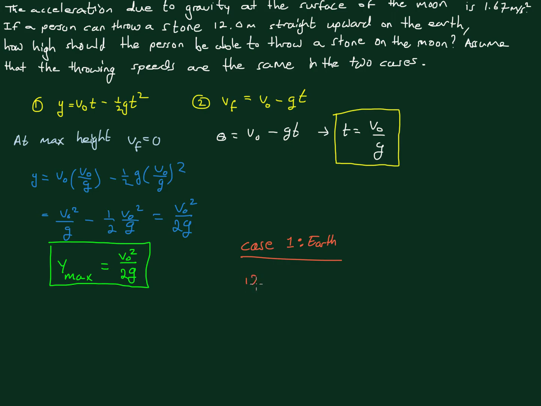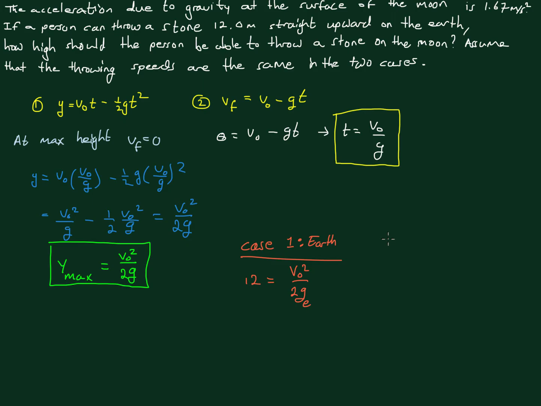So 12 meters is equal to v0 squared divided by 2 times g, but on the Earth, g is 9.8. So we can say v0 squared divided by 2 times g on the Earth. That's why I put the subscript E, to say this g is for the gravitational acceleration of the Earth.